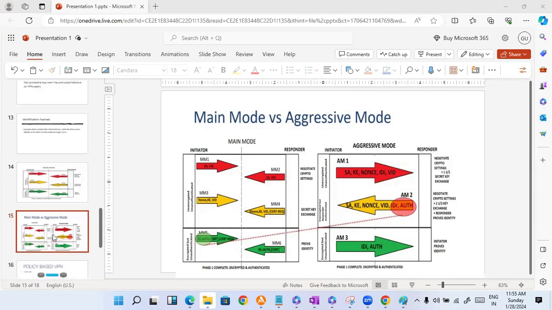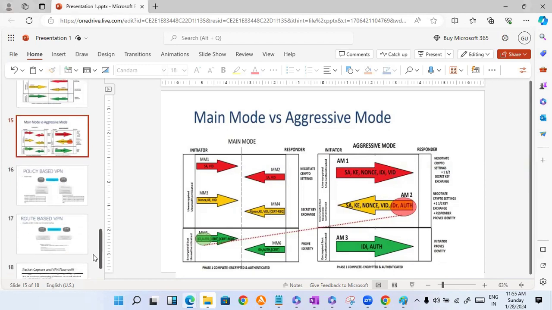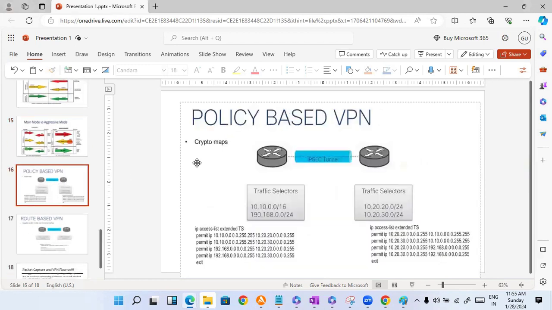So this is the main mode and aggressive mode, the way we set up phase one. We also have a different type of VPN, the policy based VPN.